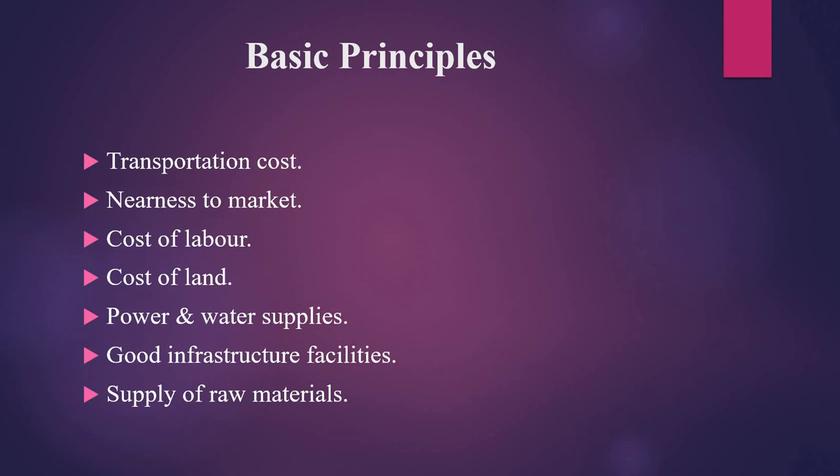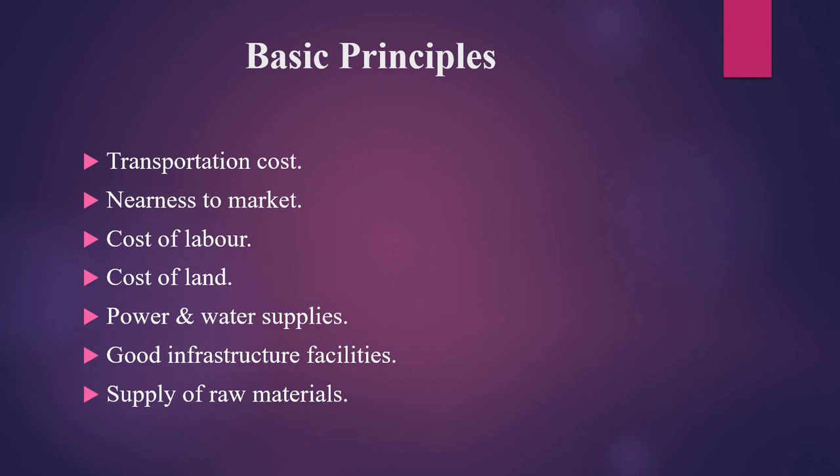So the transportation cost affects the price of the product. The place of an industry or a firm should be such that the transportation cost is reduced, both for bringing the raw materials to the factory as well as sending the final goods to the market. Both transportation costs should be economical.